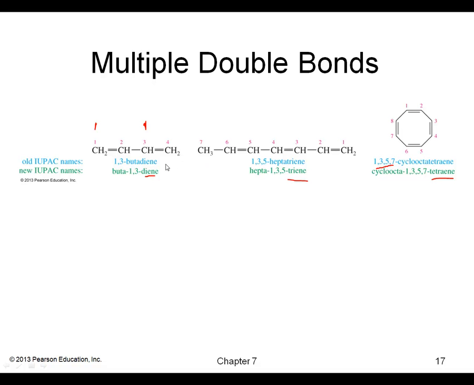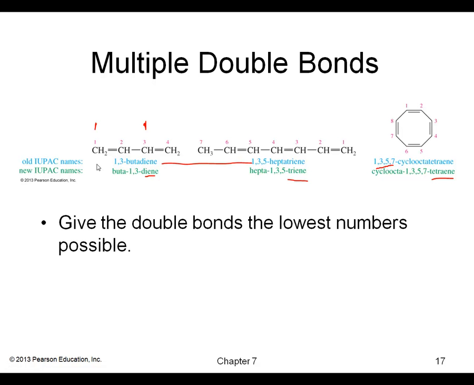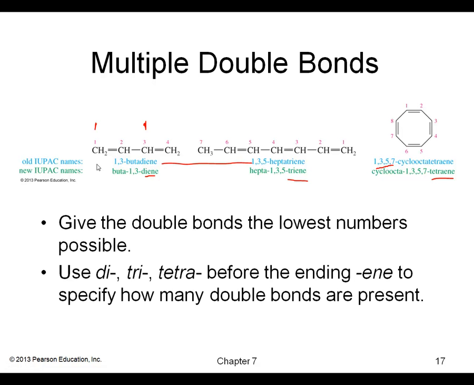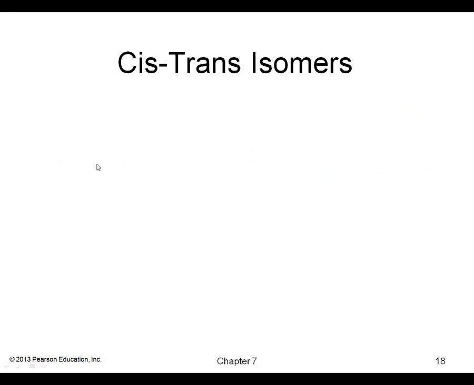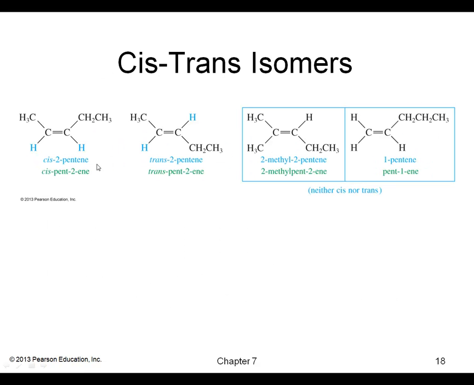So we're going to stick with this old IUPAC system where I put the numbers in front of the name. What about cis and trans isomers? Here I have a 2-pentene, don't I?